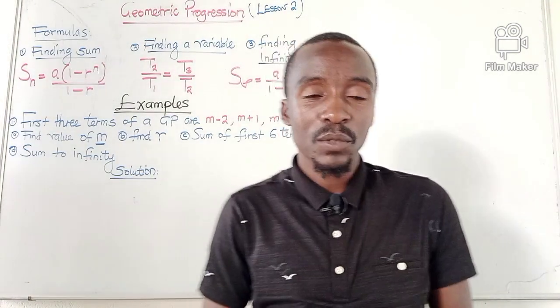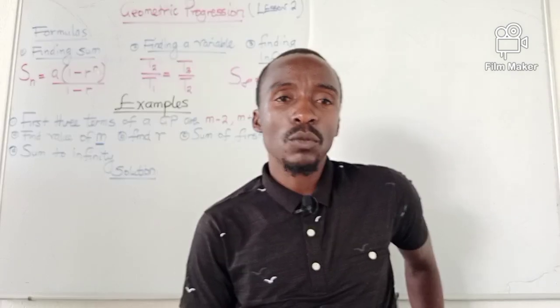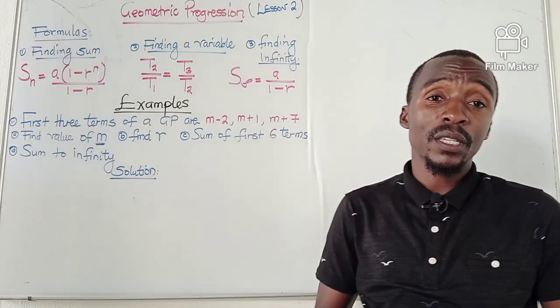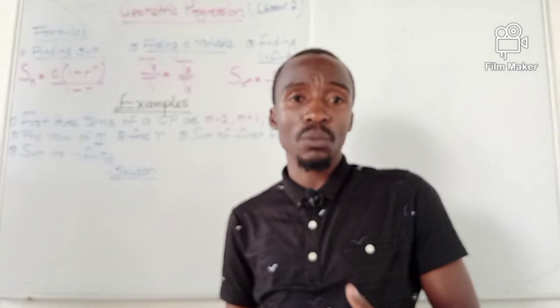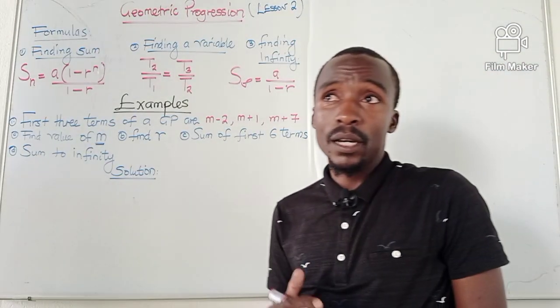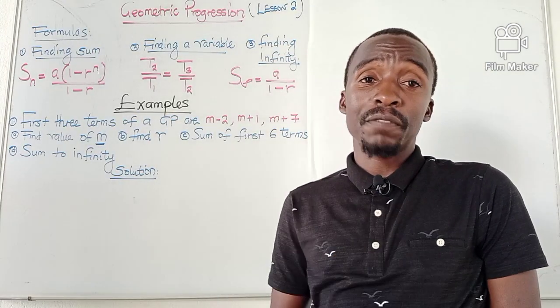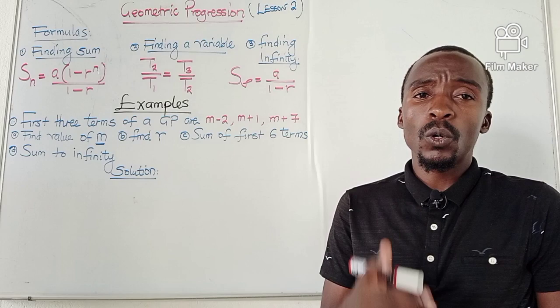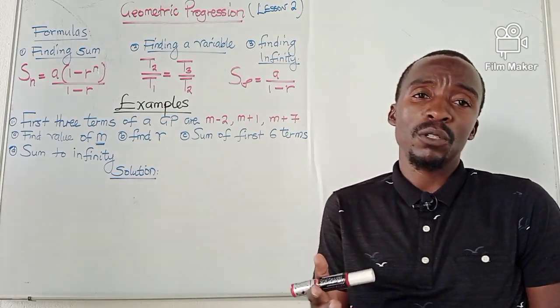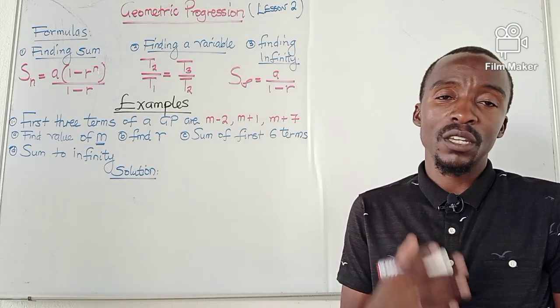Hello students, welcome to yet another lesson. In this lesson we continue with our topic that we've been looking at this week, that is geometric progression. In the previous lesson we looked at how we can find the nth term, the common ratio, and the geometric mean.